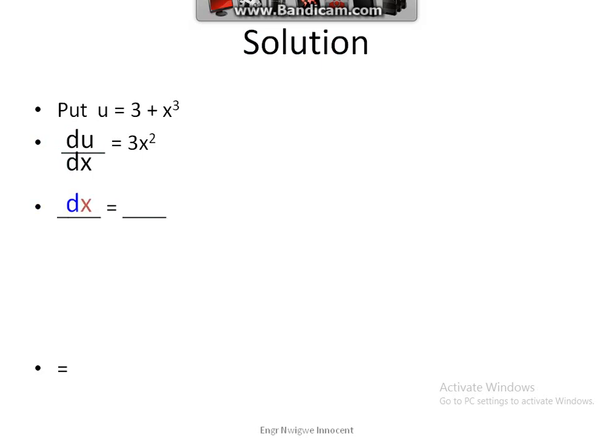If you do the inverse, dx over du is 1 over 3x squared.